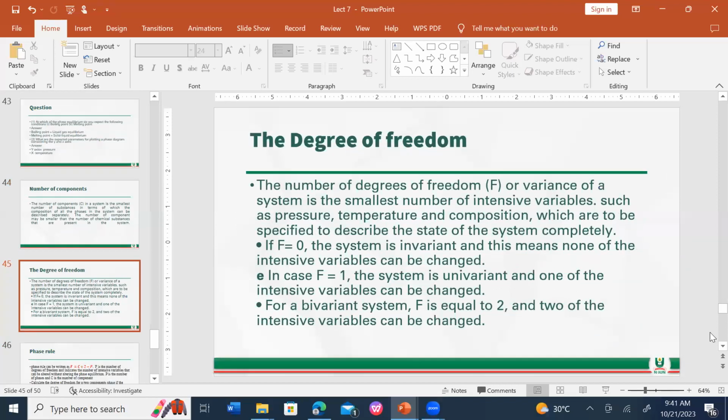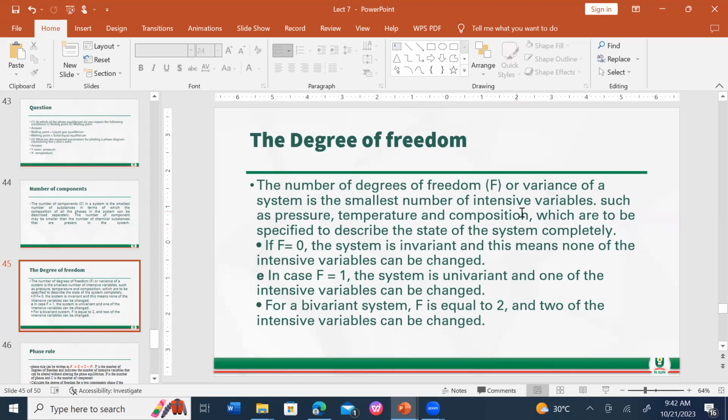Now let's look at the degree of freedom. The number of degrees of freedom or variance of a system is the smallest number of intensive variables such as pressure, temperature, and composition, which are to be specified to describe the state of the system.